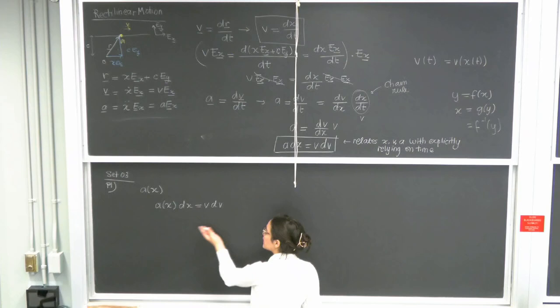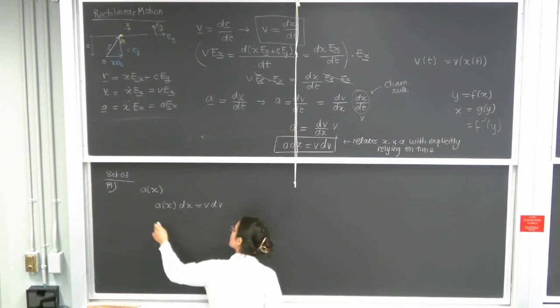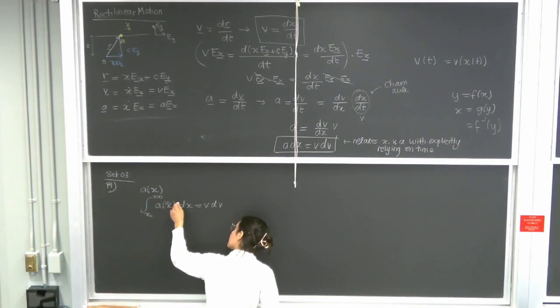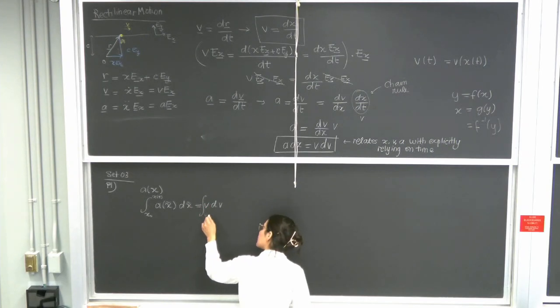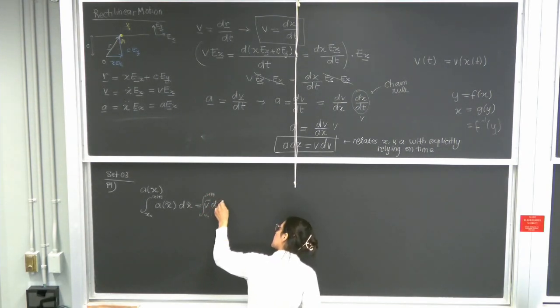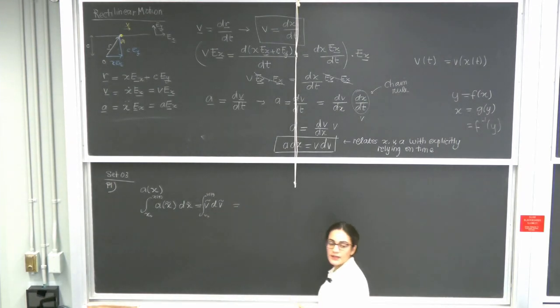So this is already a differential equation where all the x variables are on one side and all the v variables are on the other side. So I can integrate from x0 to x at time t. I'll make these dummy variables, v at t0 to v at any time t.